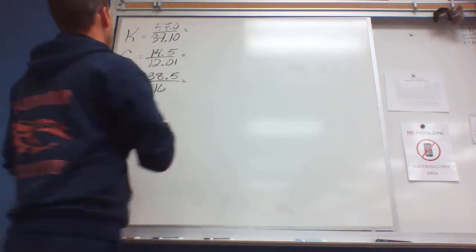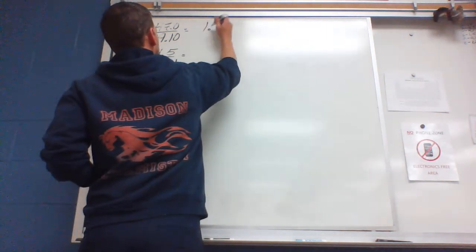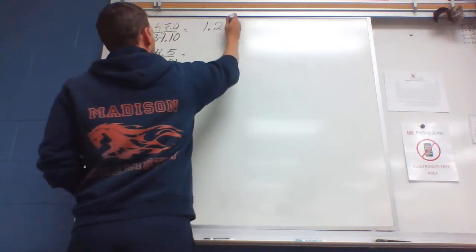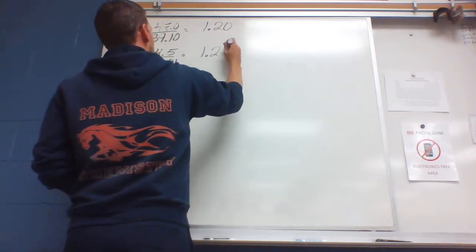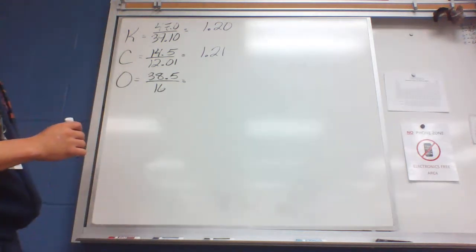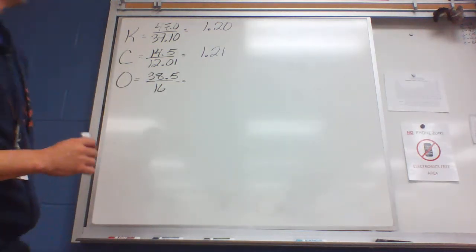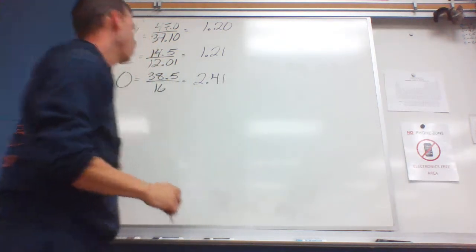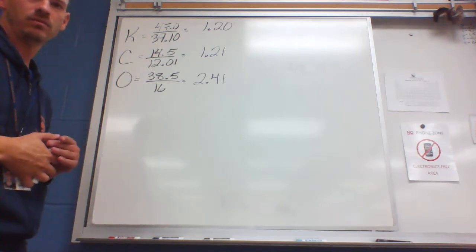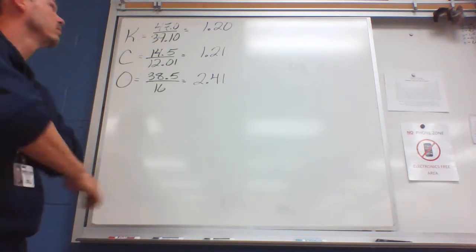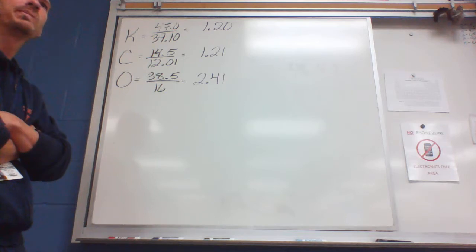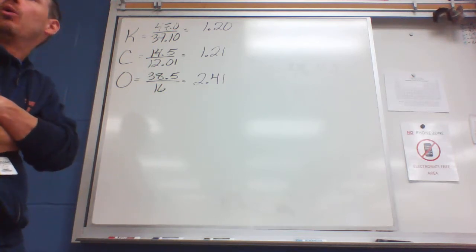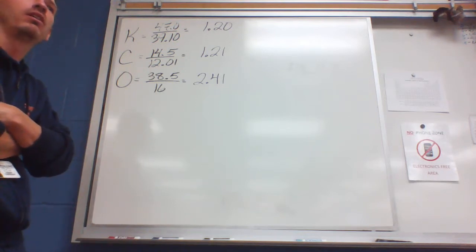Get 1.2 for potassium. .21 for carbon. .41 for oxygen. What we found here is moles. All right, this is a conversion to the amount of moles of each element present.